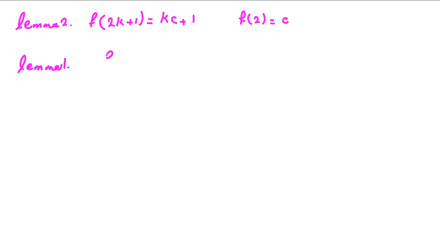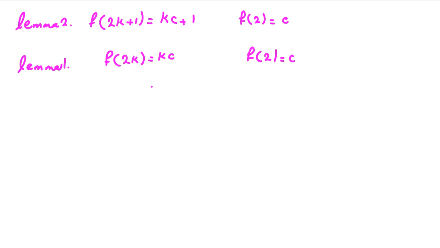So let's write it as lemma 2: f of 2k plus 1 equal to kc plus 1 and f of 2 equal to c. Okay. And by lemma 1, we had what? f of 2k equal to kc, with f of 2 equal to c.